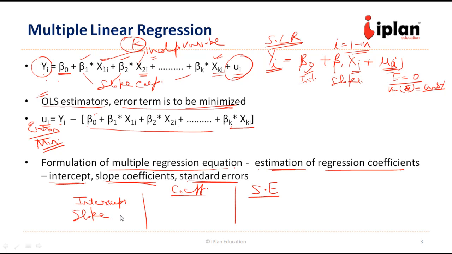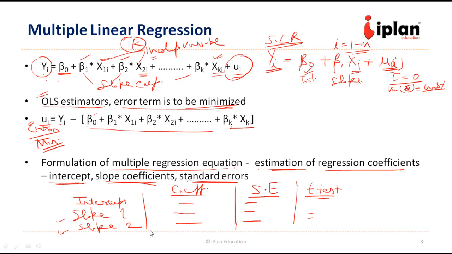Then for slope coefficient 1, we have the value of the coefficient and then its standard error. Then for slope coefficient 2, we are going to have the coefficient and the standard error. And based on these values, we can do the t-test, which will tell us which of these variables are more significant, which are less significant, etc.